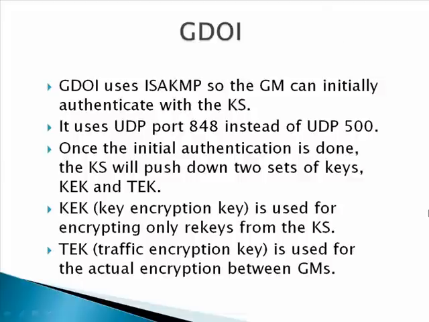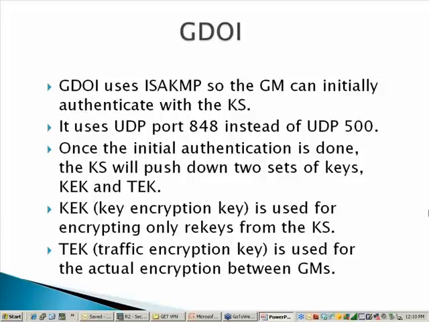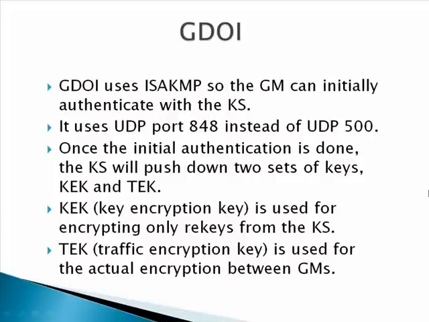Okay, so as mentioned, GDOI is a modified version of ISAKMP. Instead of using UDP 500 like you would use with ISAKMP, it uses UDP port 848. So if you have firewalls in place, you're going to need to allow that traffic, UDP port 848.